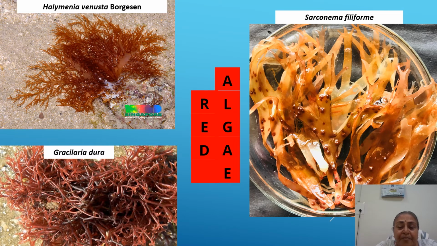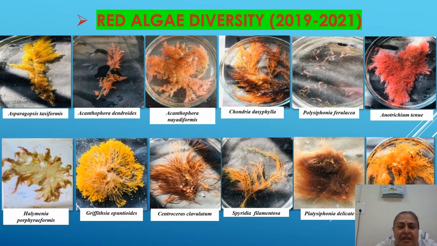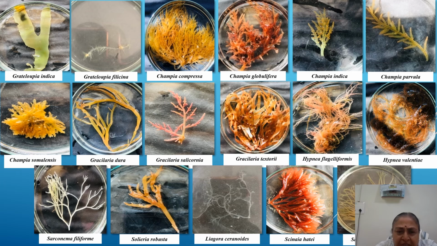Then you will see these are certain other species of red algae which we have reported: the Asparagopsis, then the Chondria, then some species of Helminthocladia, then some species of Spyridia, and all these. These are the other species which we have reported: Gracilaria, then Champia, different kinds of Champia species.